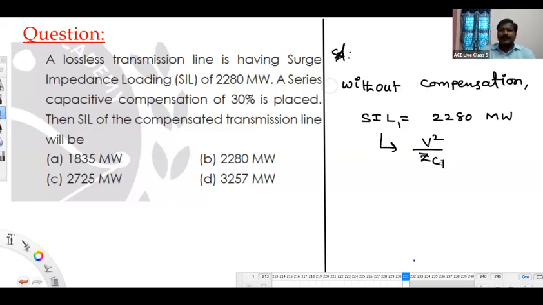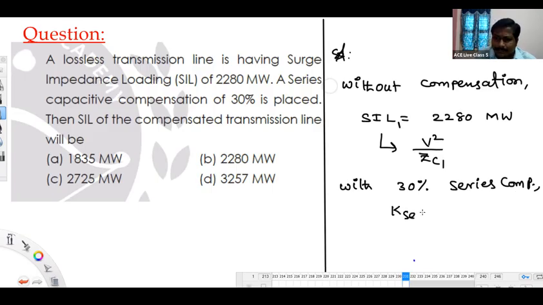Without compensation, it will be V square by ZC. After providing 30% series compensation, the degree of series compensation is 0.3.